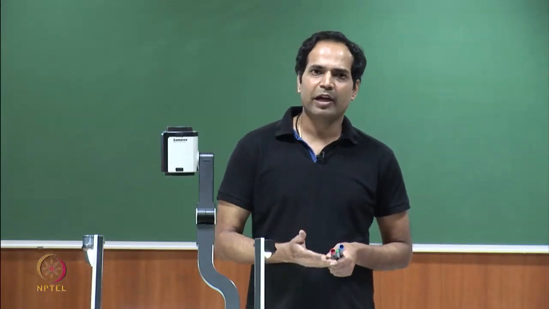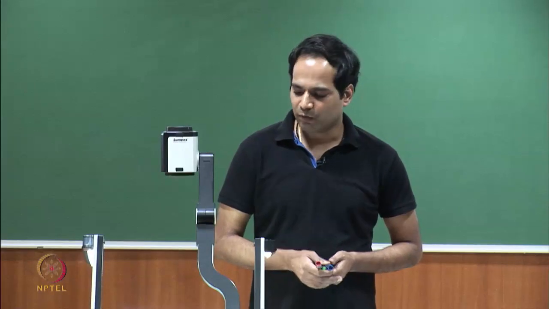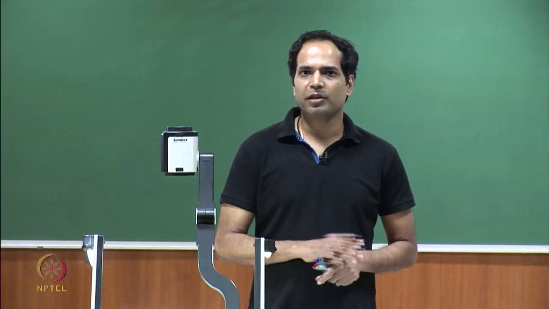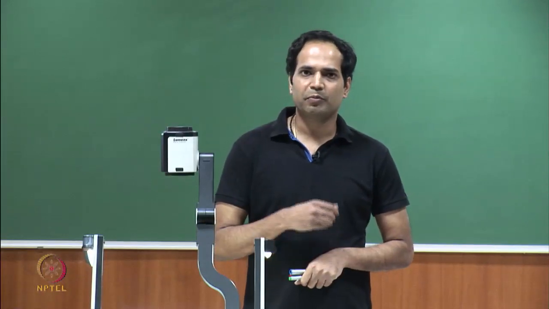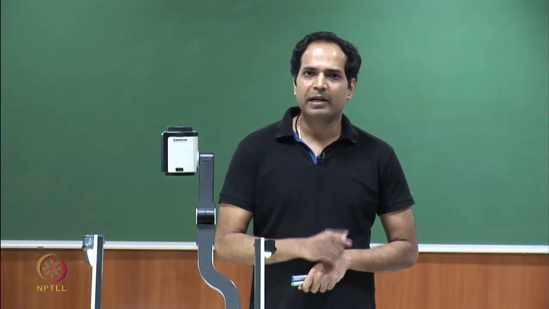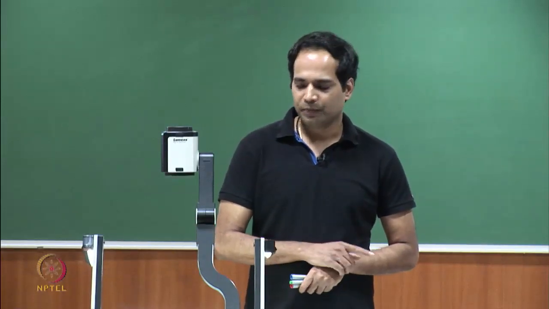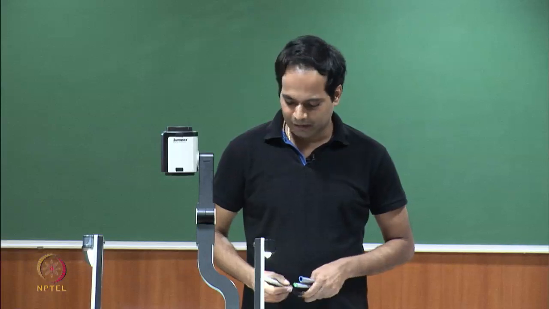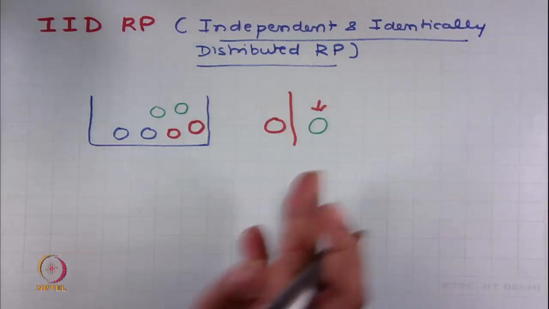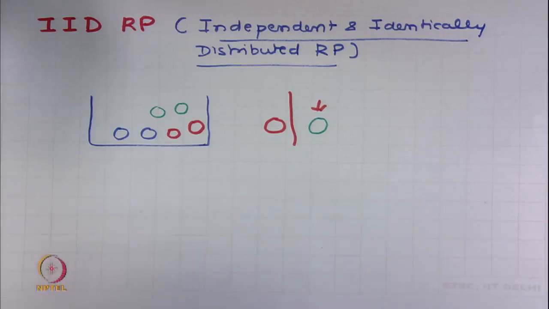In experiment 2 you have fewer red balls than in experiment 1. So, because the numbers have changed, the probability mass function has also changed, and because the probability mass function has changed, the outcome of the experiment will depend upon the previous outcome. So, the outcome in the second experiment is a function of what you obtained in the first experiment.